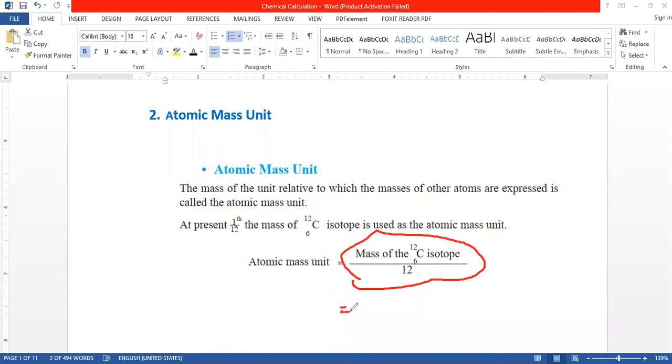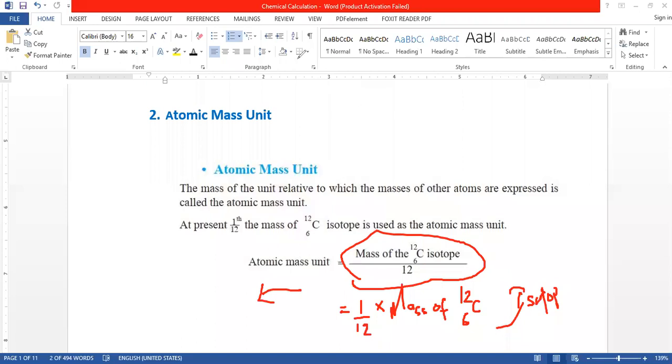Can I write it like this here? 1 over 12 into the mass of the carbon-12 isotope. Both are equal.